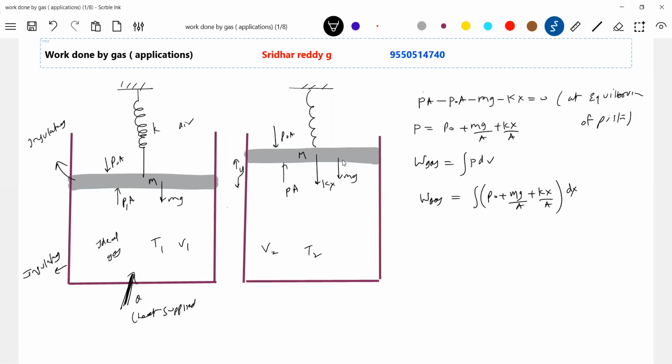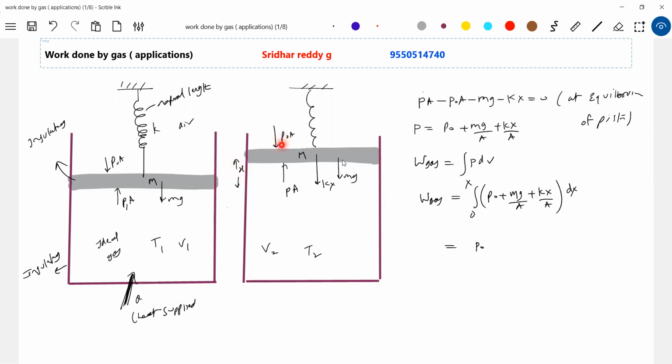So let it get displaced. Let me take y only, so it's at natural length, let's assume. So the work done will be the integral from 0 to x. Let the piston undergo a displacement of x. You can see the piston got shifted up by x.